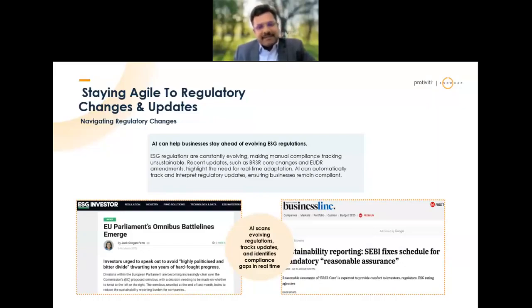In my past capacity, I have worked with organizations and built solutions, and we have built a very similar solution where we used NLP and machine learning algorithms and prepared an AI solution which goes across the web, understands which regulations are important for which companies, how each regulation may affect a particular business unit in a particular geography, and ultimately helps the compliance and ESG teams, in alignment with the risk teams, to stay on top of what regulations are coming, what are in play, and how these are going to affect them.